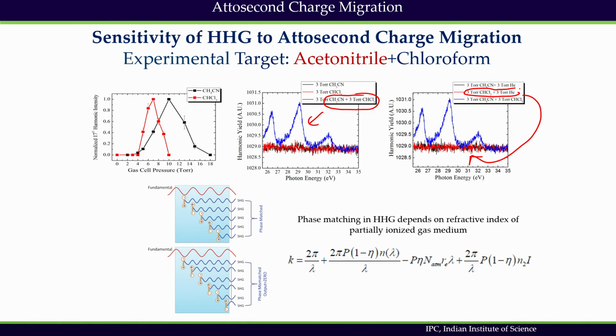Also, instead of helium, if we use methanol, we do not see any enhancement. So methanol, helium, and many other gas molecules do not enhance the signal. The only enhancement we see is due to acetonitrile and chloroform, which therefore has a unique property with respect to other gas combinations.